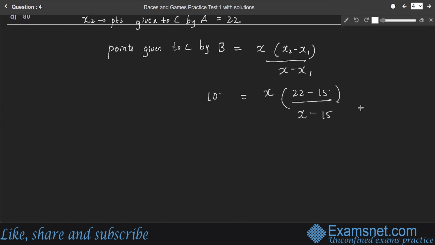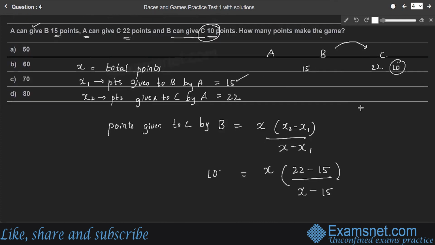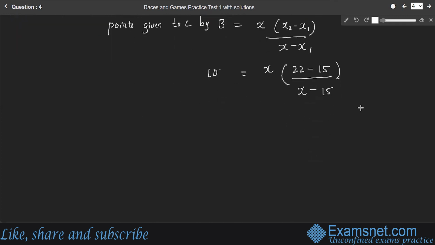So simplify it and you will get the value of x. So how many points make the game? The total points of the game, which is x. So we'll take x minus 15 to the LHS. So 10x minus 150 is equal to 22x minus 15x.